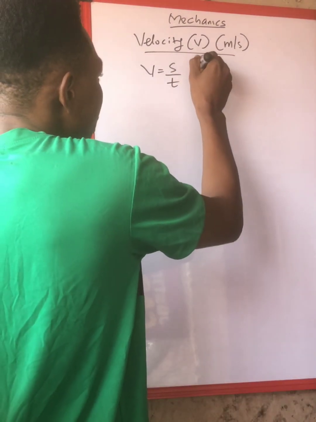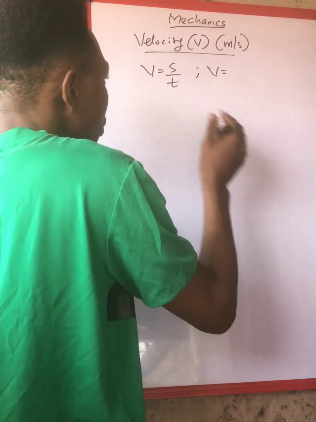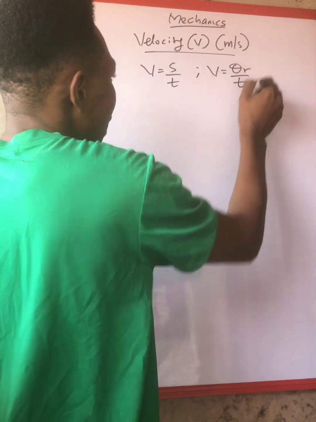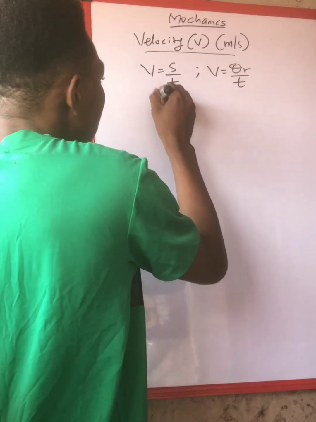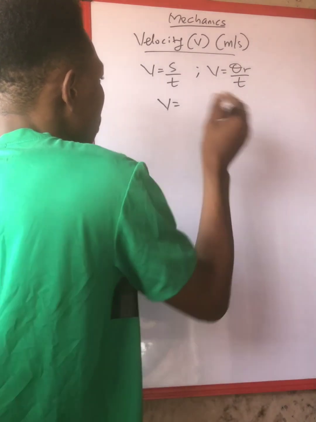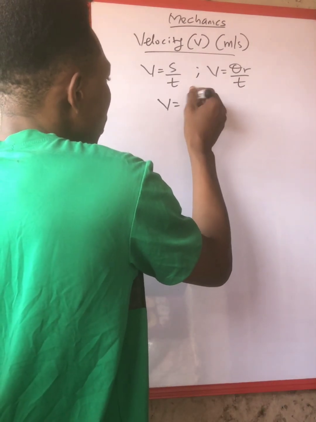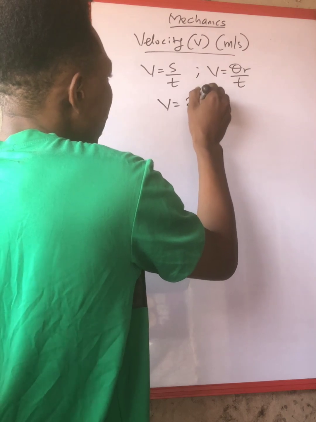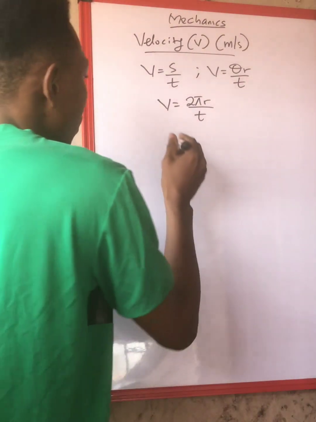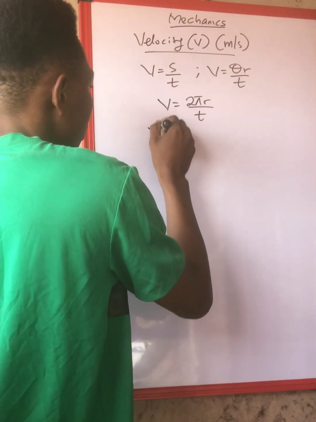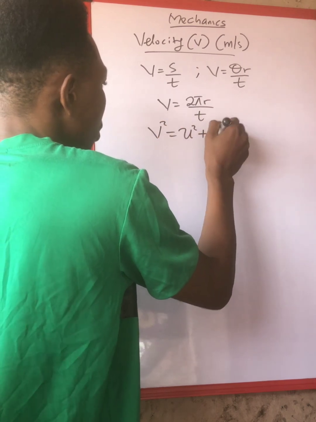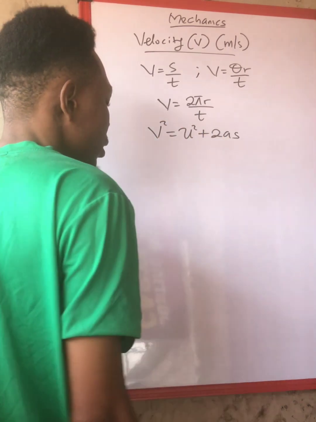And our V is also equal to theta R over time. Our V is also equal to 2 pi R over time. So we also have V squared equals U squared plus 2ax.